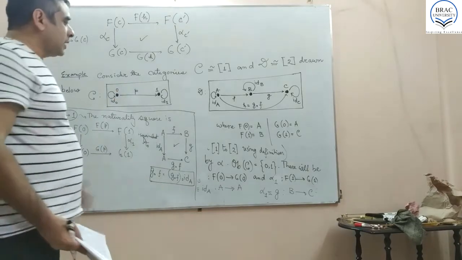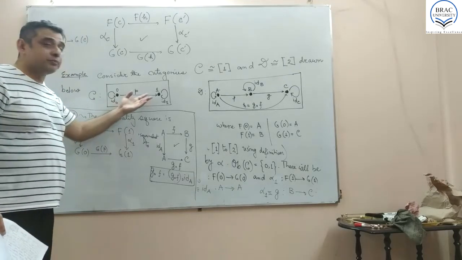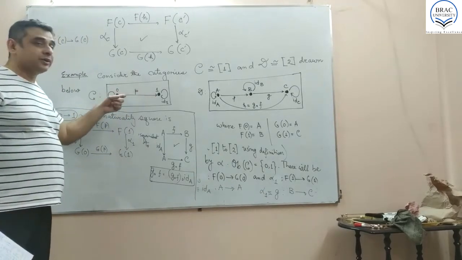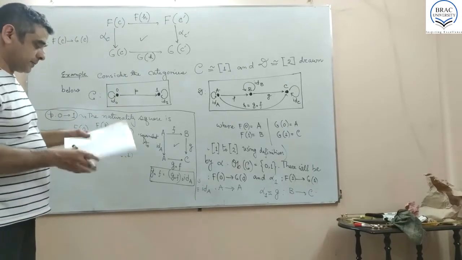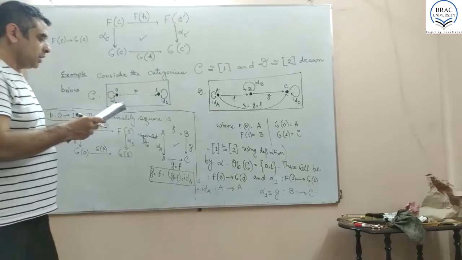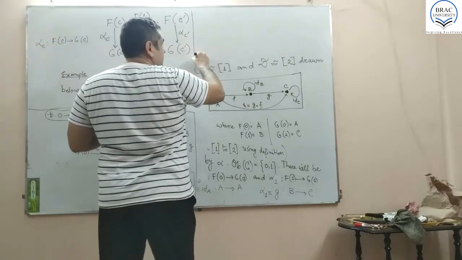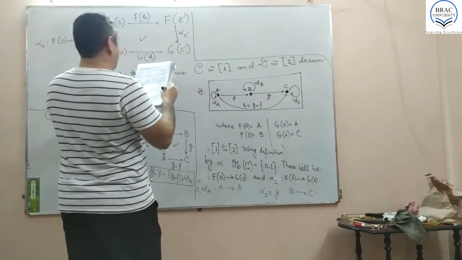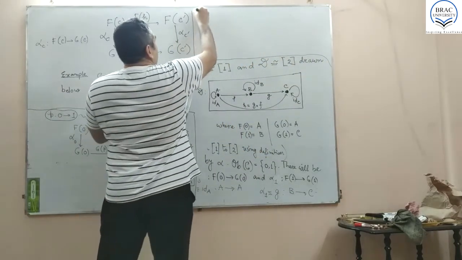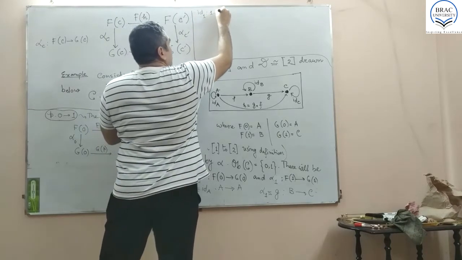Now you may ask, what happens with the other morphisms in the category C? Let's choose another morphism. Let's choose the morphism ID1 from 1 to itself.